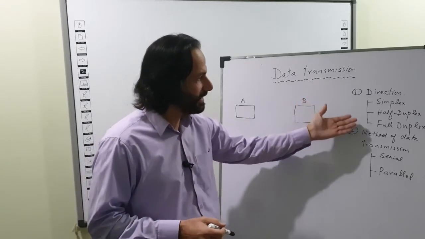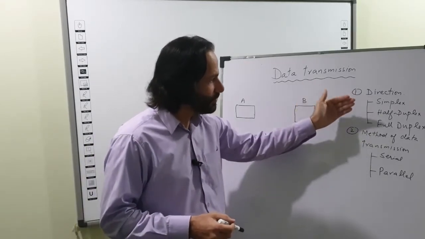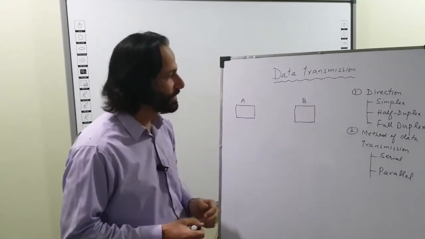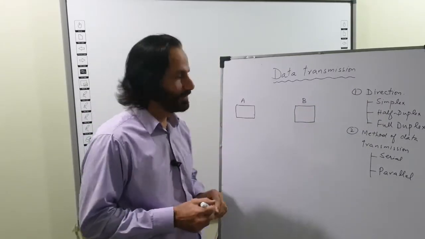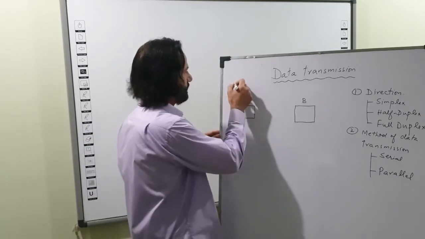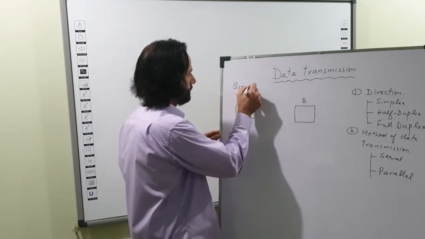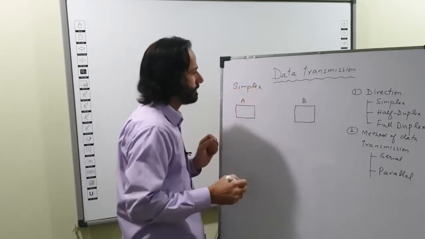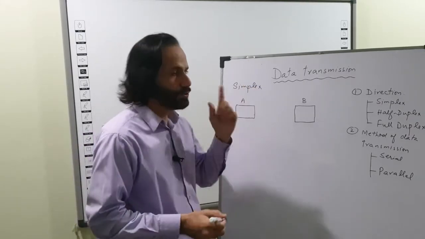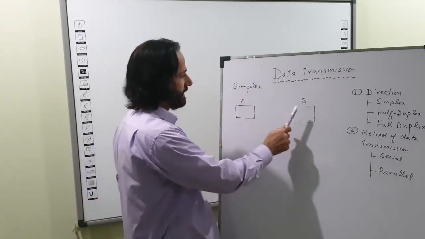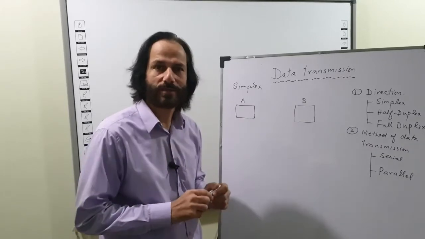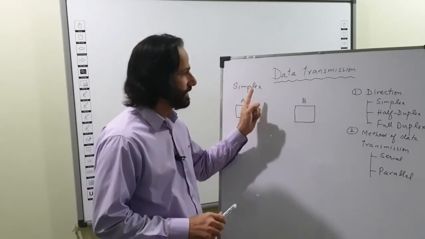Let's discuss the direction in detail. We have three types. The first type is simplex. For instance, two computers, computer A and computer B, want to transmit data using simplex.